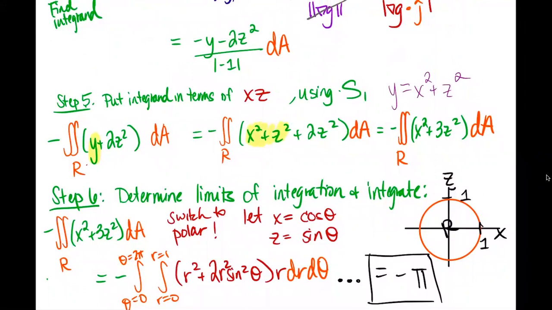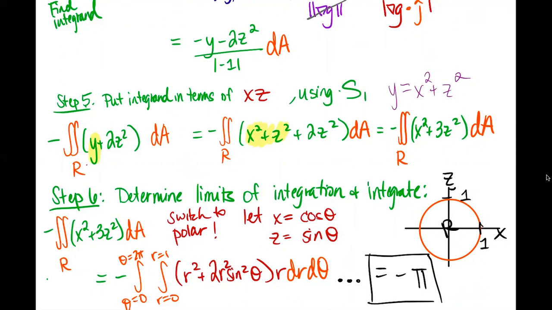But now notice, when I switch to this version of polar, I'm going to still let x be 1 cosine theta. But now I don't have a y, I have a z. So I'm going to think of z as 1 sine theta. And then I can switch everything to polar. There's the Jacobian, and then it's just plugging and chugging through this math, and it's going to give us negative pi.